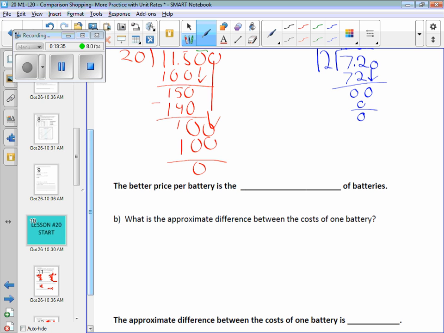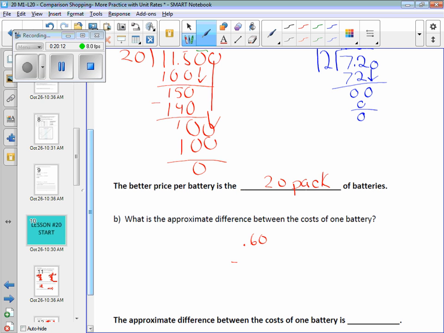We didn't do the difference in the cost per battery. All right, but don't pack up yet. How do you figure out what the difference in price is? Ryan. Okay, what take away what? 60 cents take away what?